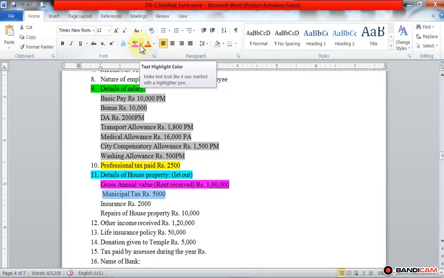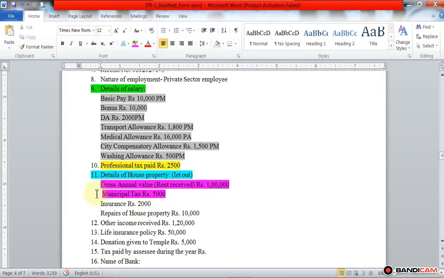In paper first unit 4 we studied the computation of income from house property under taxation of companies. Got it? So a similar formula is used here. Then municipal tax rupees 5000.